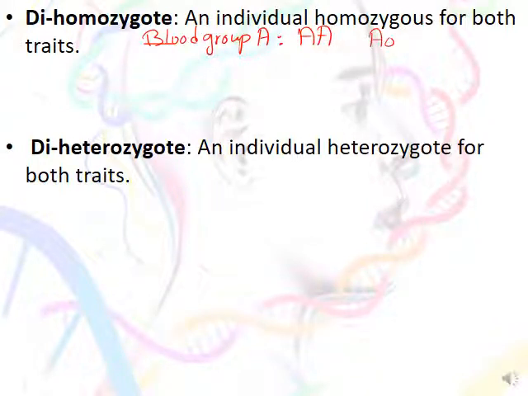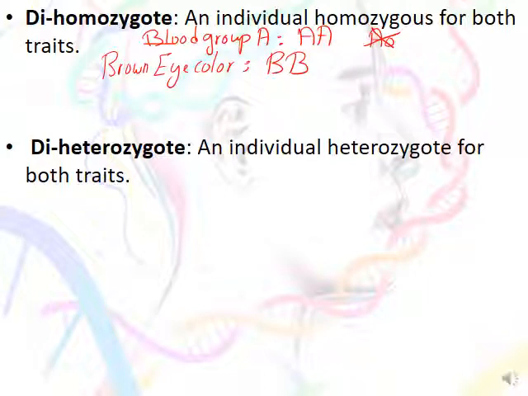Even though AO is blood group A, it's not homozygous, it's heterozygous. And for the eye color, let's say I have brown eyes, so I have B capital, B capital. So I'm homozygous for both traits, the blood group and the eye color, and this person is said to be dihomozygous.